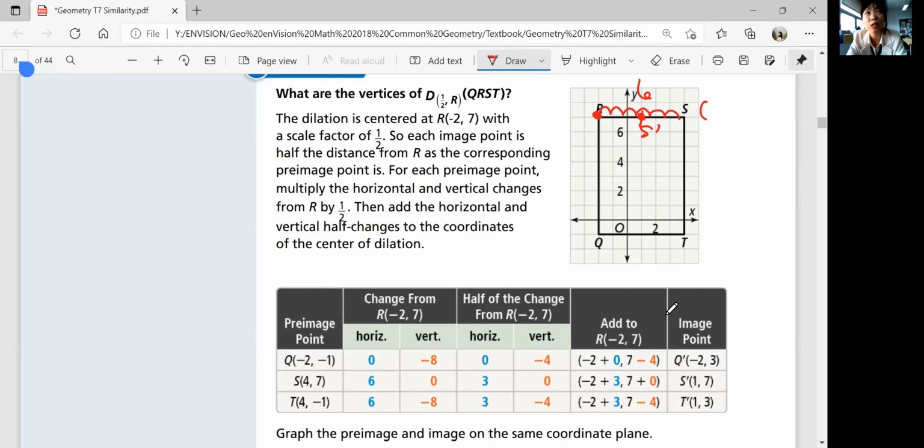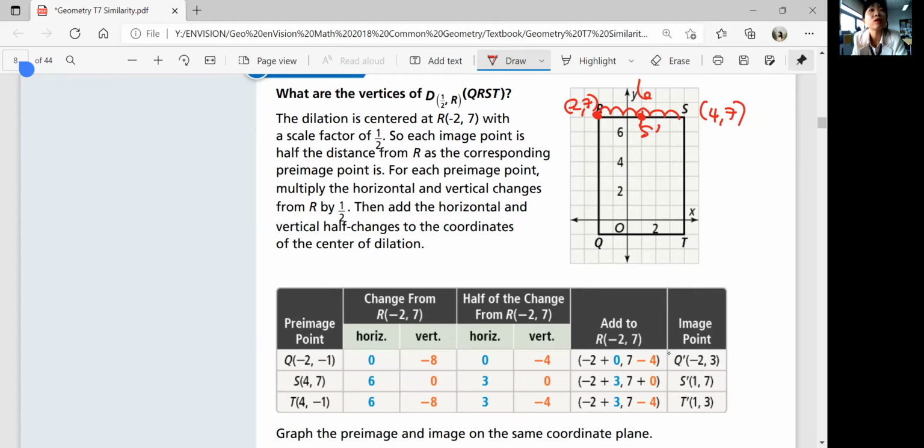Does that make sense? So R is -2, 7, and then S is 4, 7, and the change from this point horizontally is 6 apart, but then vertically you don't change.